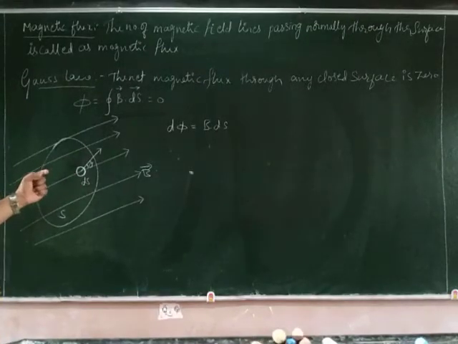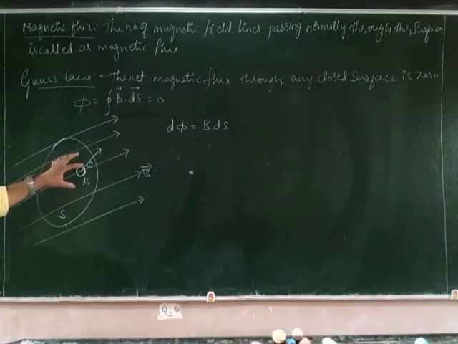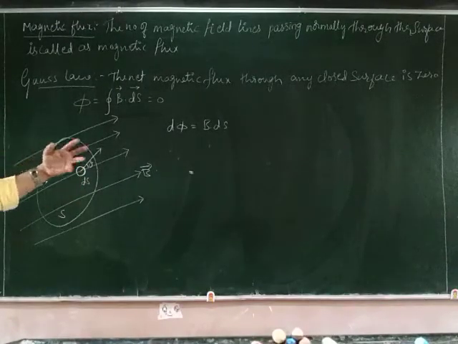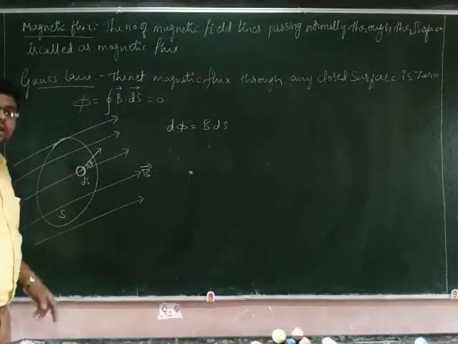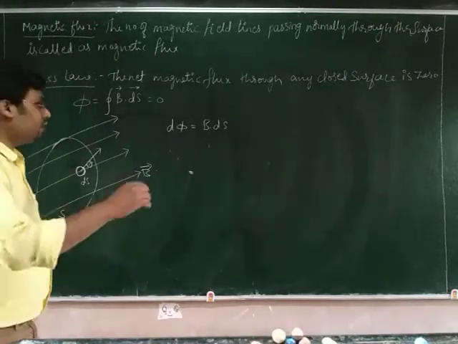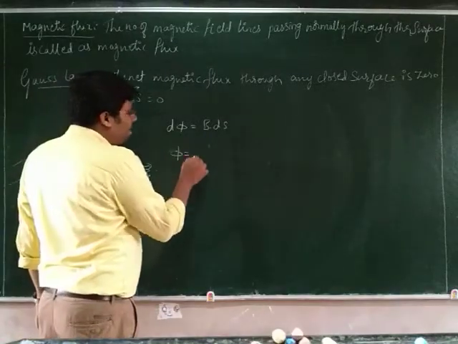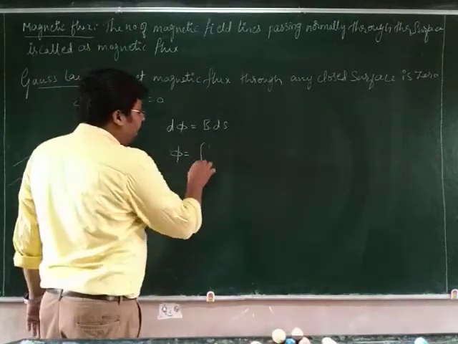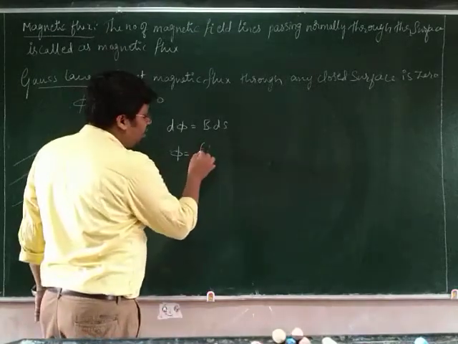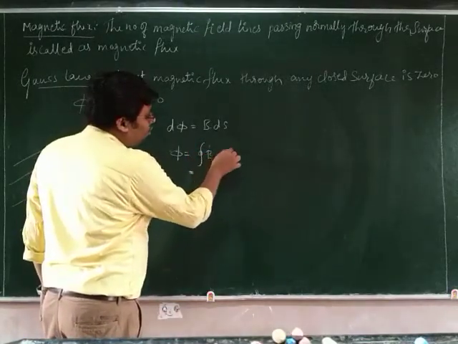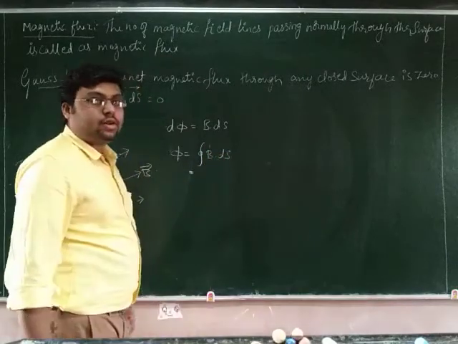The magnetic flux through each area element dS together gives the total magnetic flux through the entire closed surface, right? So the total flux phi is equal to the addition, meaning integration, the surface integral of B dS.